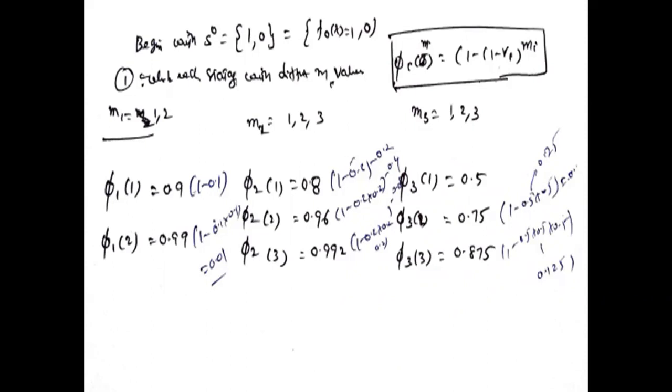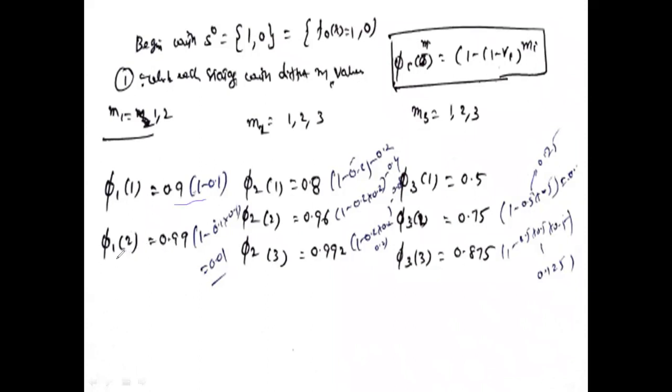First we are calculating the reliability of each device for different values of m. The first one is Φ1(1): the reliability of device d1 if m1 equal to 1 is 0.9, using the formula 1 minus (1 minus r_i) to the power m_i.